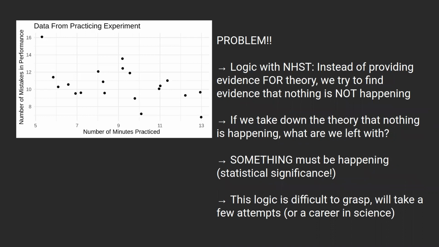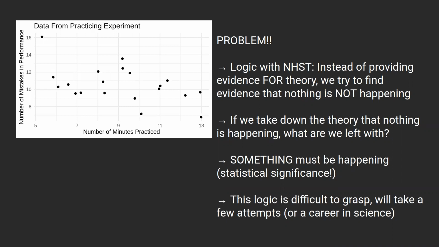So the idea here is that instead of providing evidence for a theory, we're not going to say I'm finding evidence that learning did occur. Now prepare yourself, this is a bit confusing. What we're going to try to do is find evidence that nothing is not happening. So I'll say that again.